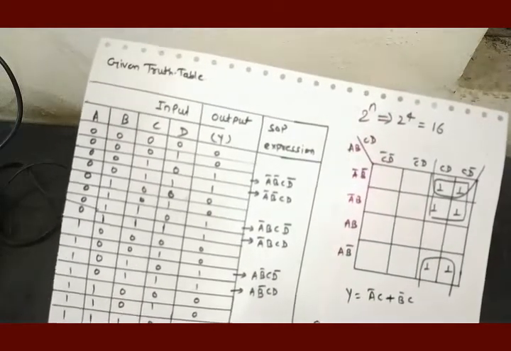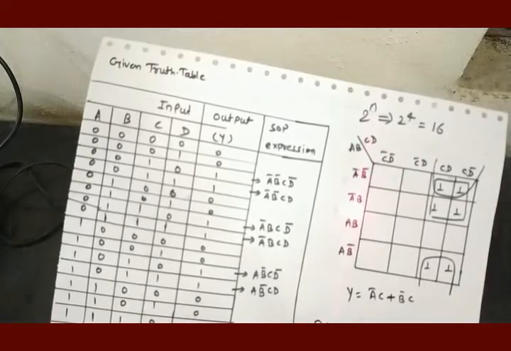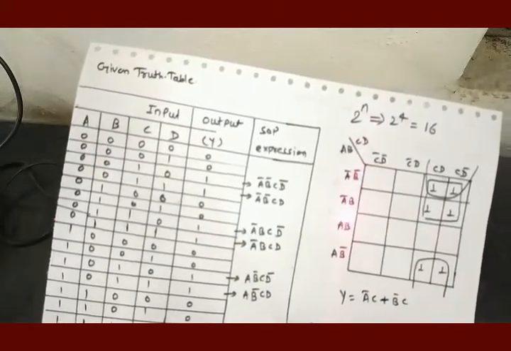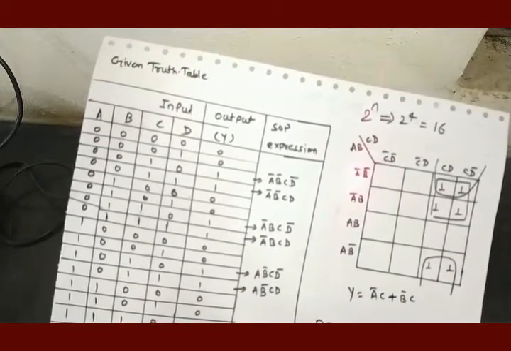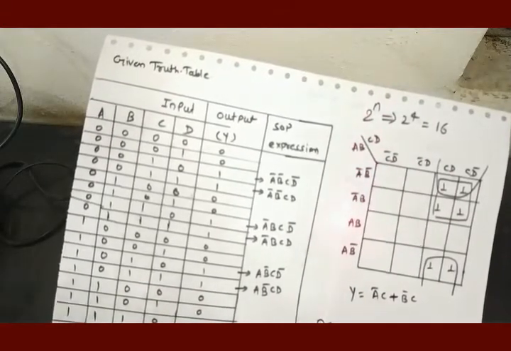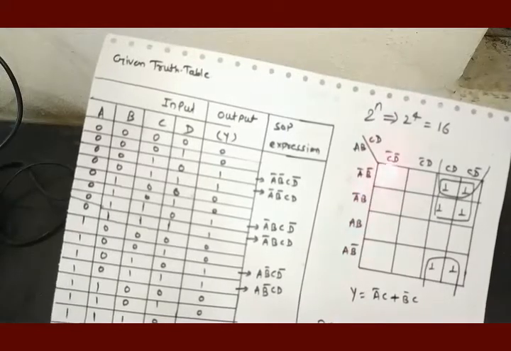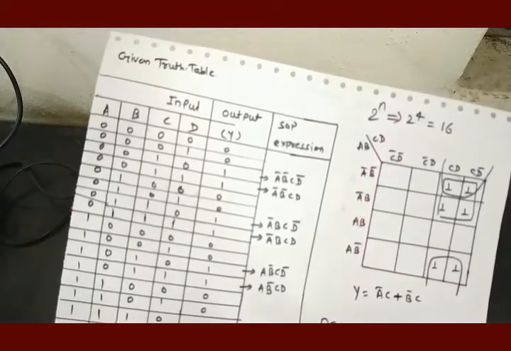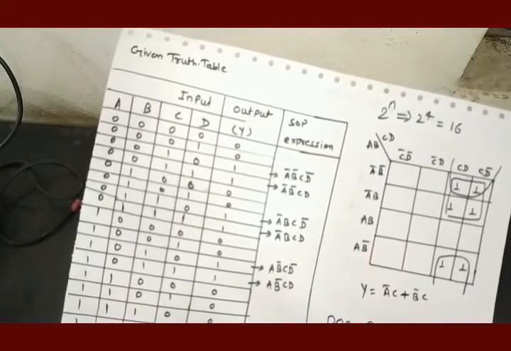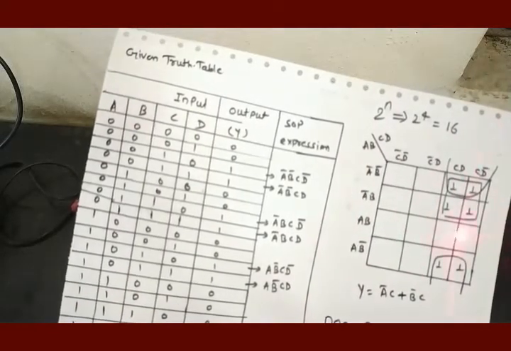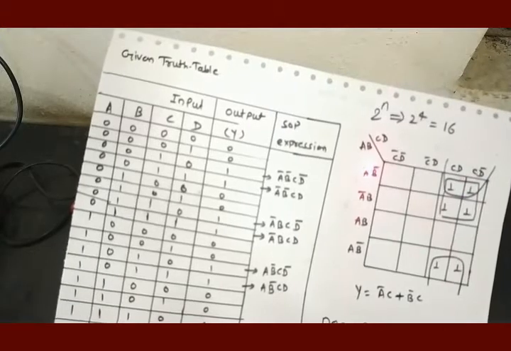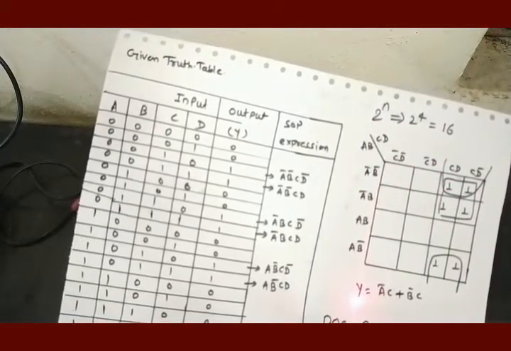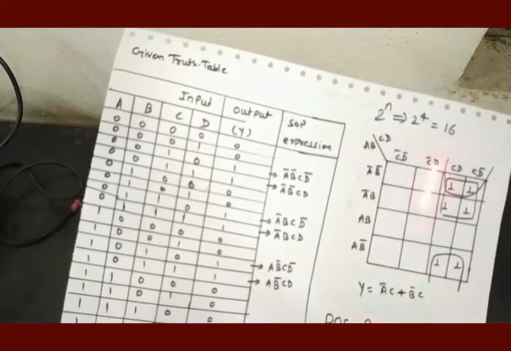So while going from the first row to the second row or in the reverse way, B is changing its form. As B is changing its form, B goes away, and therefore the equation of this quad will be simply A bar C, which is written here. Output Y is equal to A bar C.